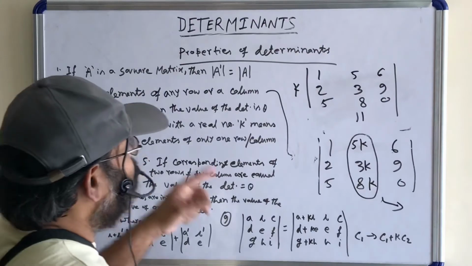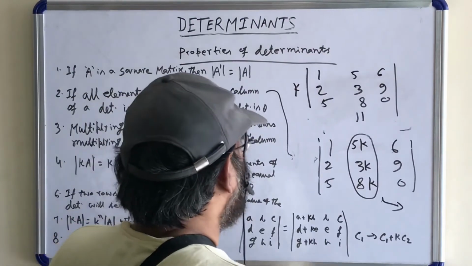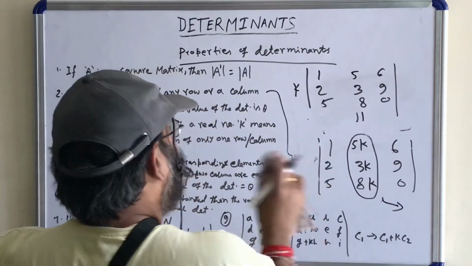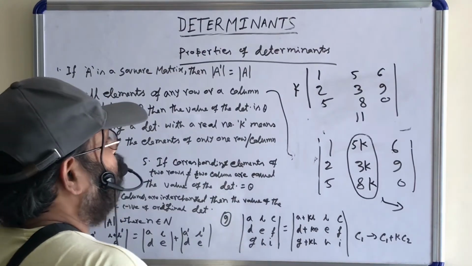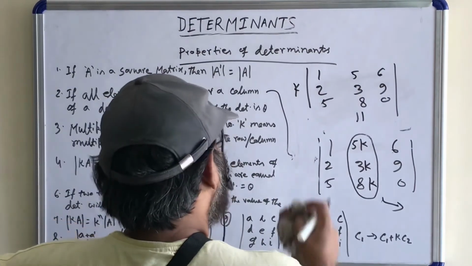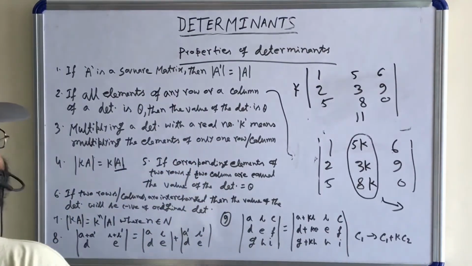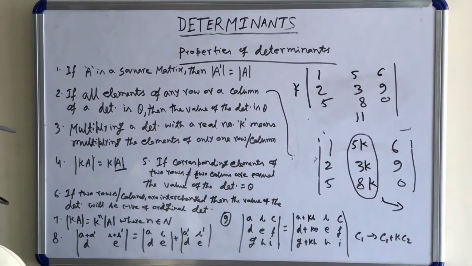After multiplication of any row or any column with k, whatever the value of that determinant, if we find the value of the determinant first and then multiply by k, the value would be the same.